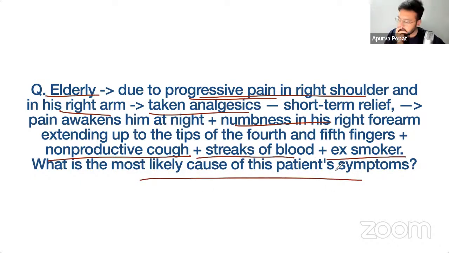What do you think this patient is having? Cough, sometimes with blood. He's an ex-smoker, pain in the right arm, numbness in the fourth and fifth fingers.